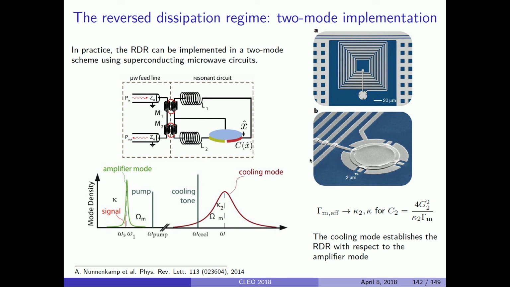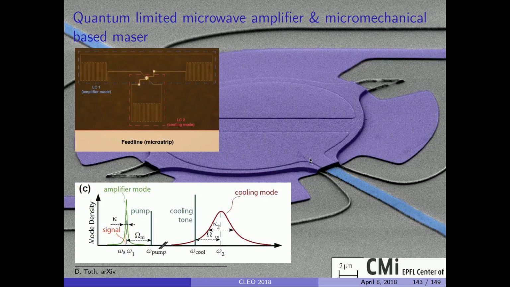And what you can observe here is this exact same physics. You can amplify, you can cool, you can read out. And one application, for instance, of such a vacuum gap capacitor is you can make amplifiers for microwaves. So if you have, for instance, two LC modes coupled to a joint mechanical oscillator, you can actually make an amplifier for microwaves using the mechanical oscillator as a gain medium.